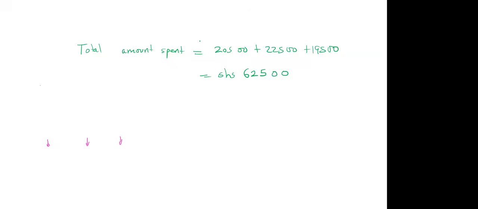That is how we do that particular number. Then you are going to conclude and say that the total amount of money spent was shillings 62500.